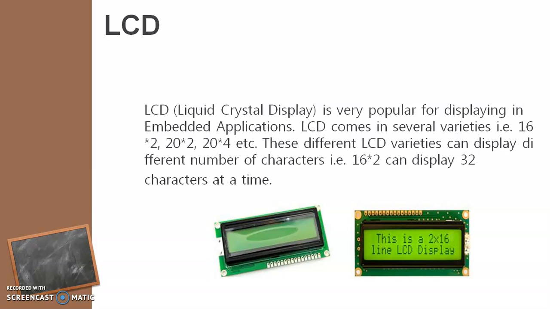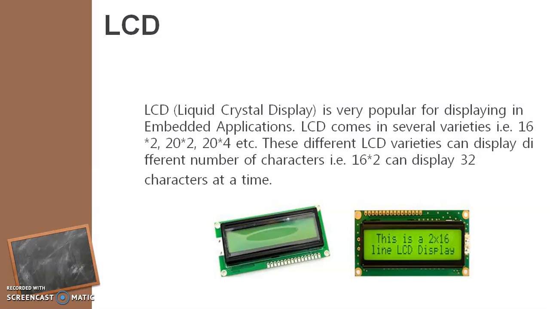Then in the front glass sheet, the characters to be displayed are embossed. Whenever a voltage is applied between a segment and the back plane, an electric field is created in the region under the segment.